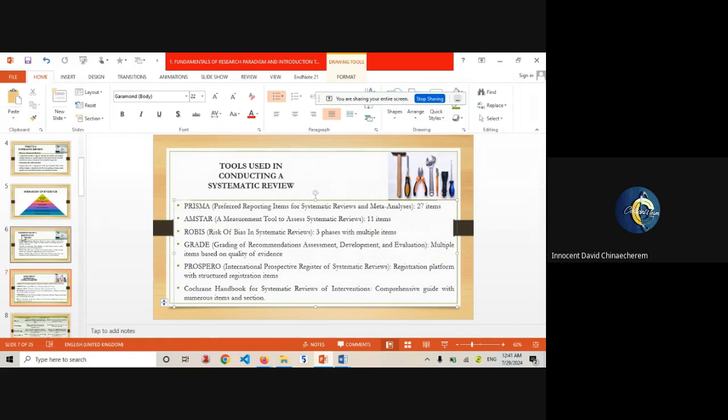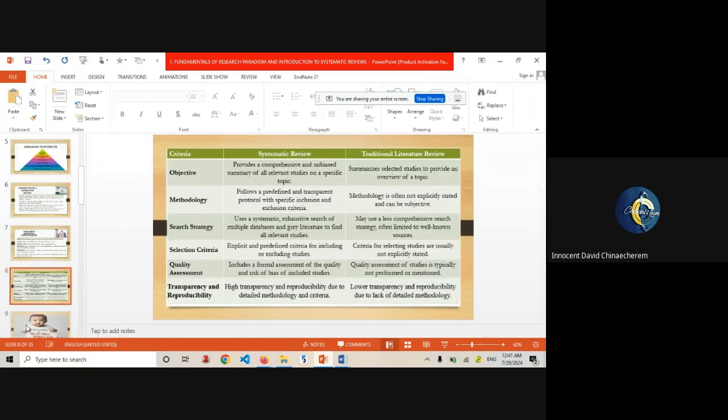So we move ahead. Now, we'll talk about the differences between a systematic review and a traditional literature review. Here's an example.